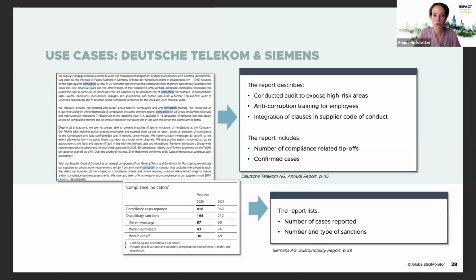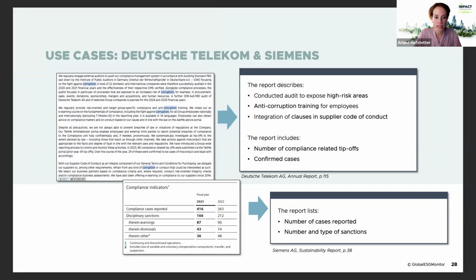Telekom talks about procurement, sales, and donations. And then they show how they have anti-corruption training for their employees and how this topic is integrated into the code of conduct, also in the code of conduct for suppliers. And it also gives a numerical overview of the topic via a number of compliance-relevant cases of misconduct or corruption and a number of confirmed cases.